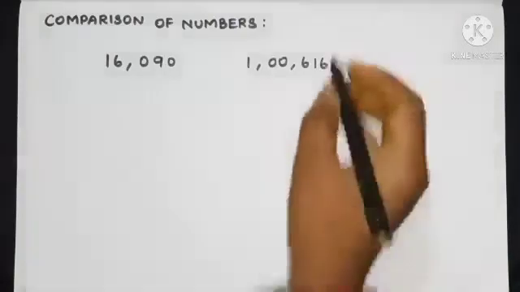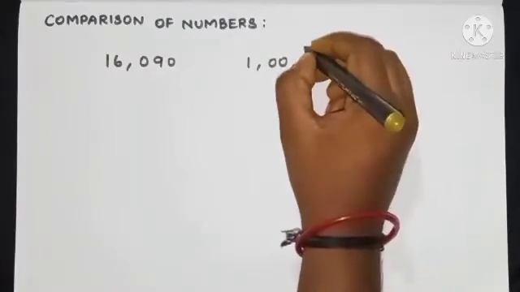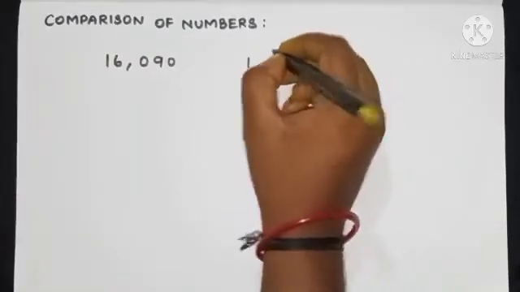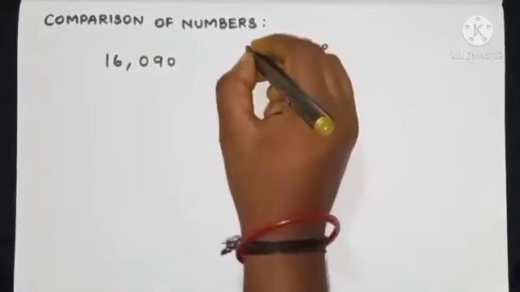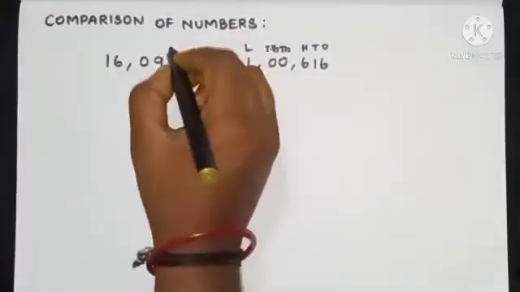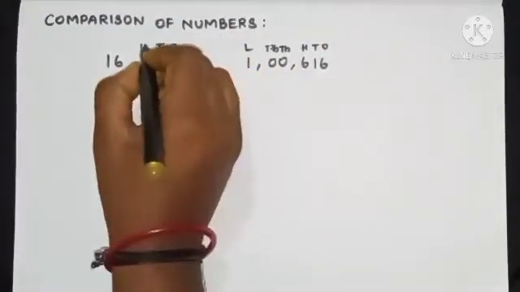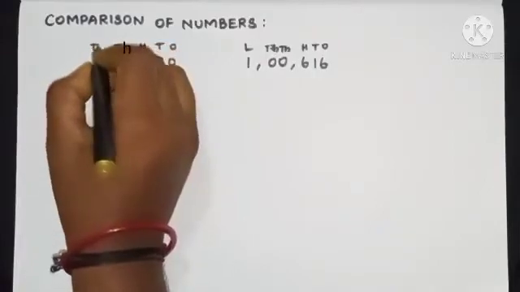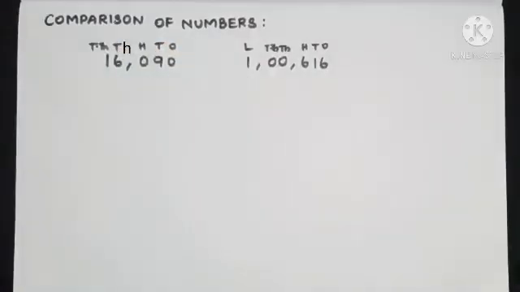See here the place values are ones, tens, hundred, thousand, 10,000 and a lakh. Here, ones, tens, hundred, thousand, 10,000. So which number has more digits? Yes, lakh.